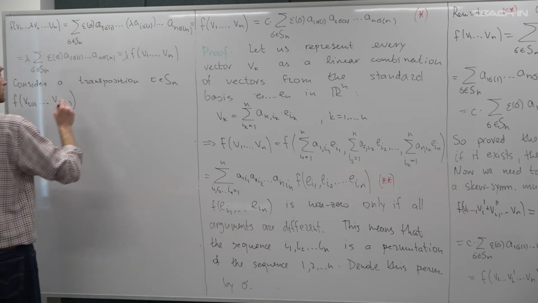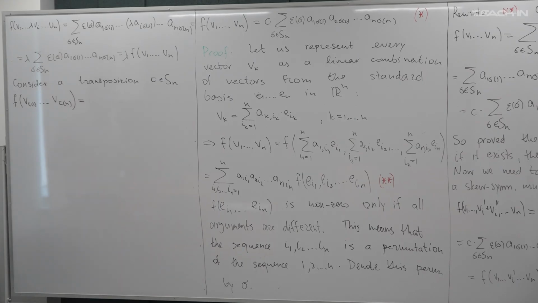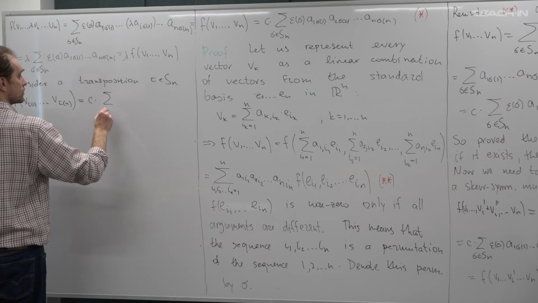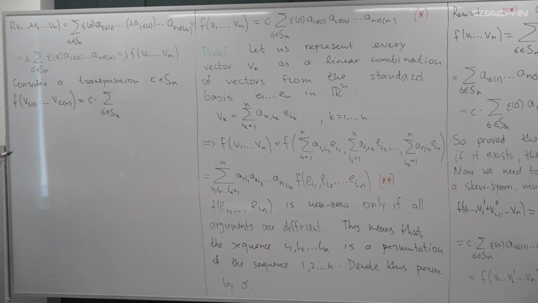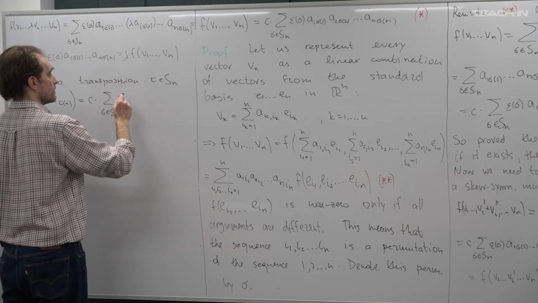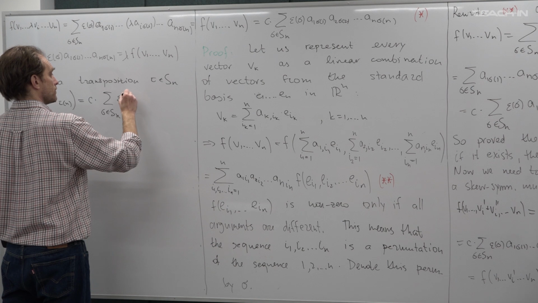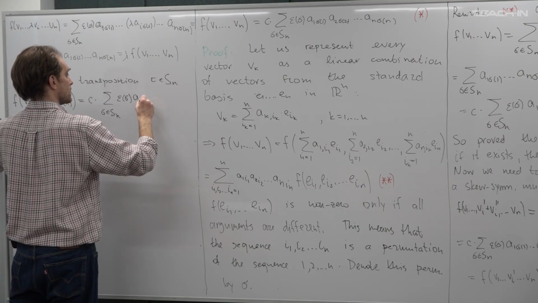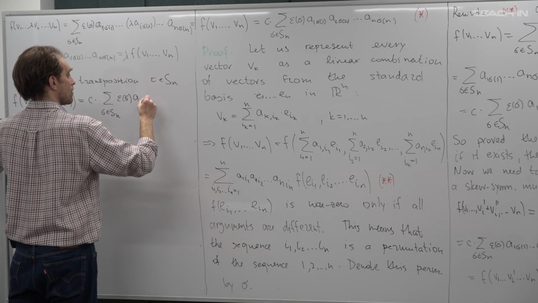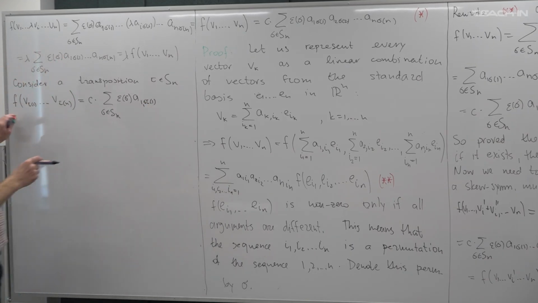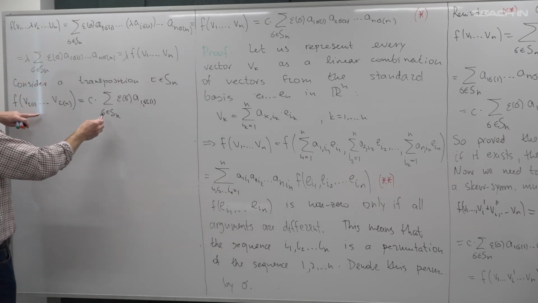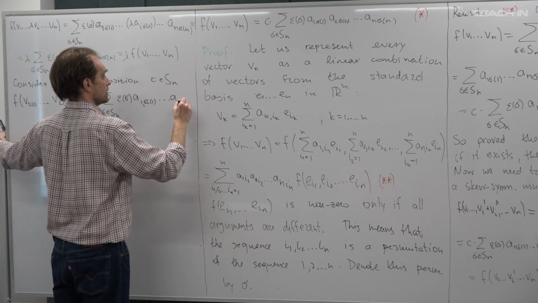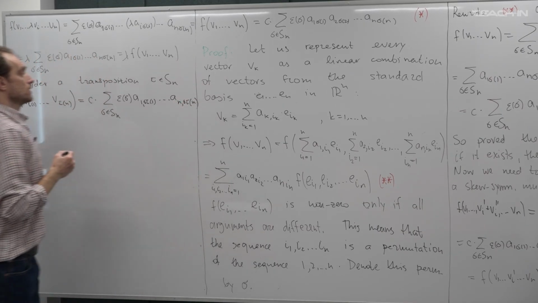So this means that we take the sum of all permutations in the symmetric group, where we take the sign of sigma and multiply it by a1 of sigma tau of 1, right? Just because we apply this permutation to this set of arguments. A n sigma tau of n. So this is what we get here.